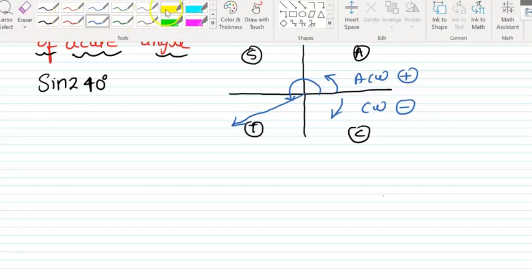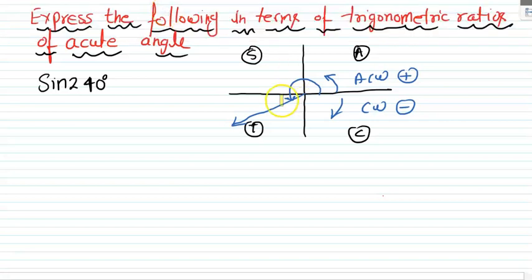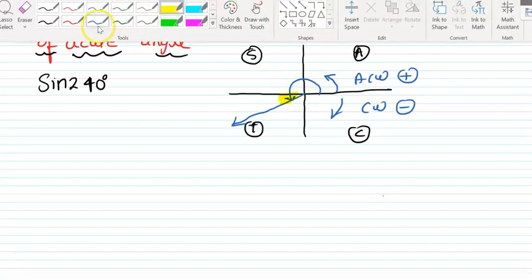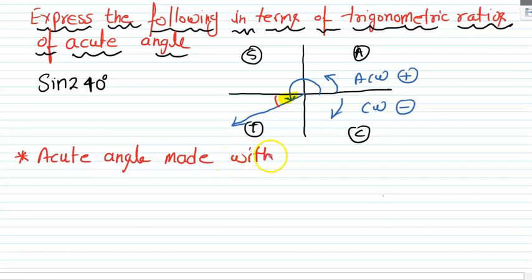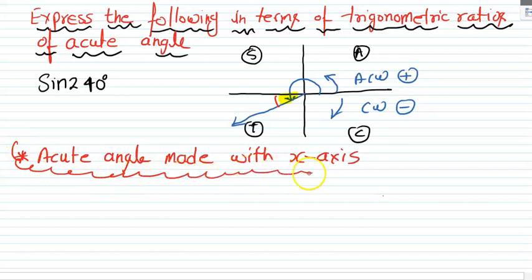Now remember, here we are focusing on this yellow angle only, and that is the acute angle. This you need to pay attention to: the acute angle made with the x-axis. This is important for today's lesson.